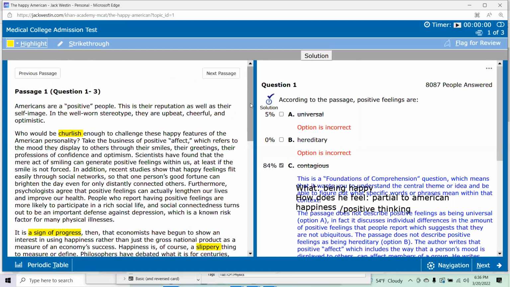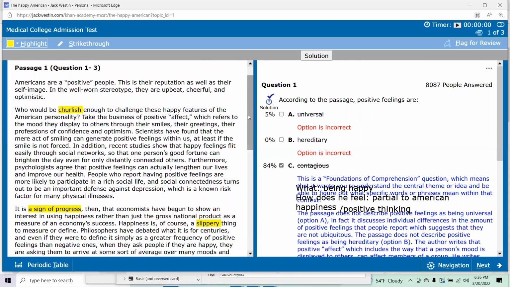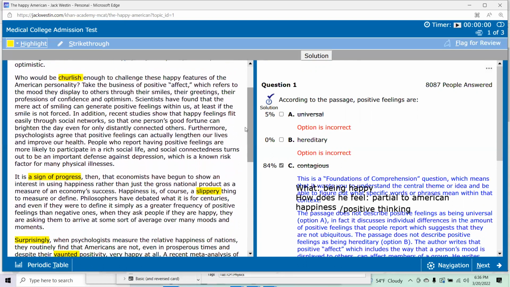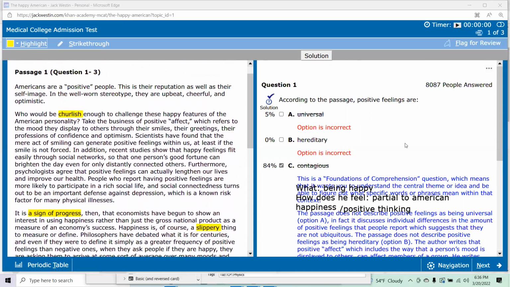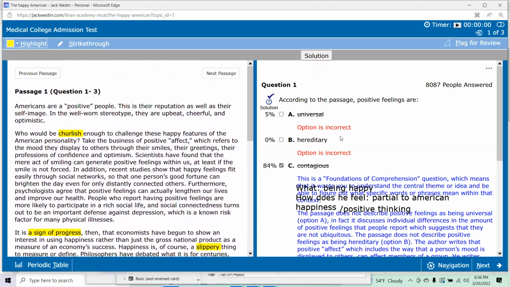It doesn't have to be the author saying the whole time, dude, feelings are the most contagious thing ever, Americans have them, everybody else has it. It can be just tossed in there. So you do want to take a quick skim and try to figure out if it was mentioned or not. It's usually easy to find when it's a choice like this.